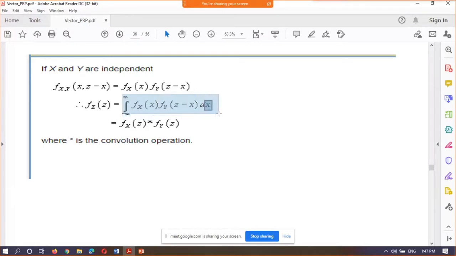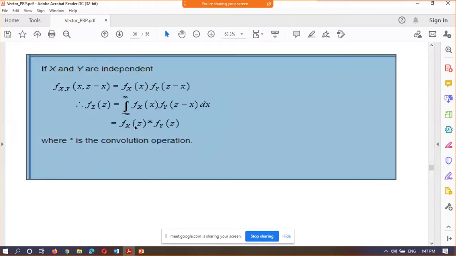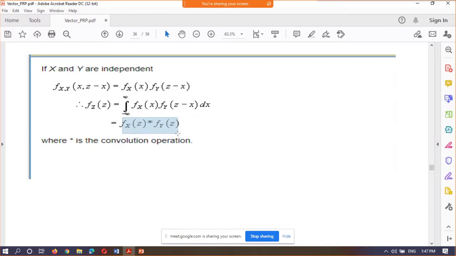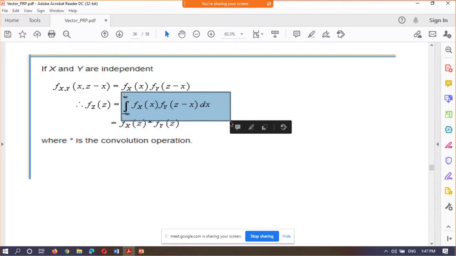And you may be aware of this notation from when you studied Laplace transform or Fourier transform in your mathematics 3 or maybe mathematics 2 of the BTech course. This is known as the convolution. If you have two functions f_X(z) and f_Y(z), then the convolution of X and Y is denoted by this star, and it is defined by this integration from minus infinity to plus infinity of f_X(x) f_Y(z minus x) dx.